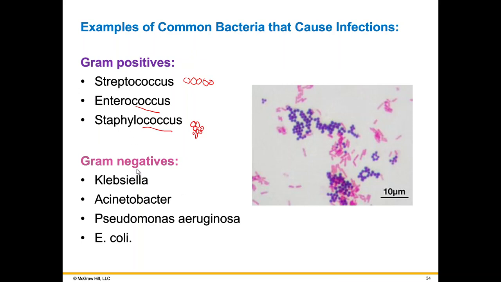Some gram-negative examples would be Klebsiella. It is a gram-negative rod. Acinetobacter, I'm pretty sure that's a gram-negative rod as well. Pseudomonas aeruginosa, that's my favorite word, by the way. Also gram-negative rod, and so is E. coli. I have the hardest time saying the long name for the E there, Escherichia coli. So I usually just shorten and say E. coli.